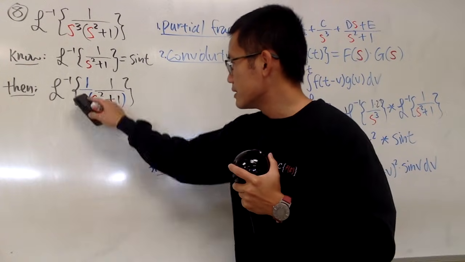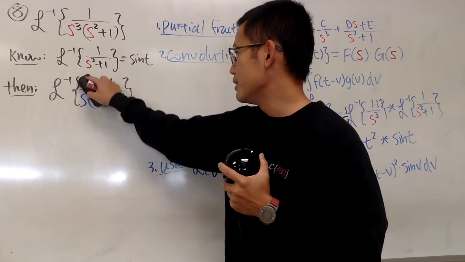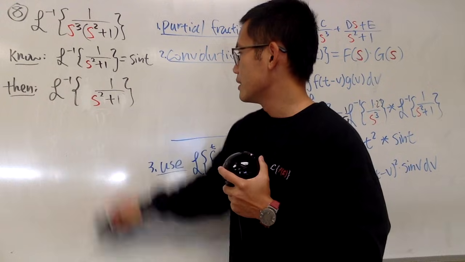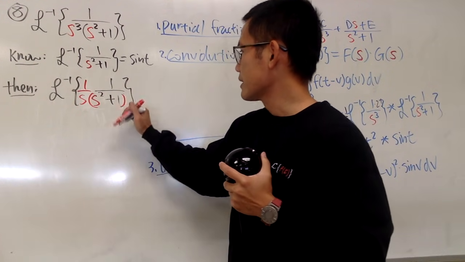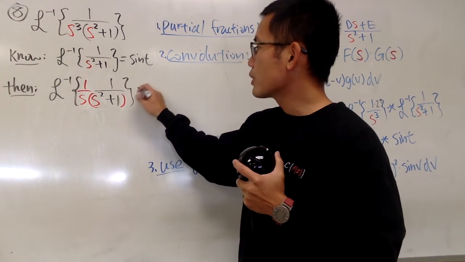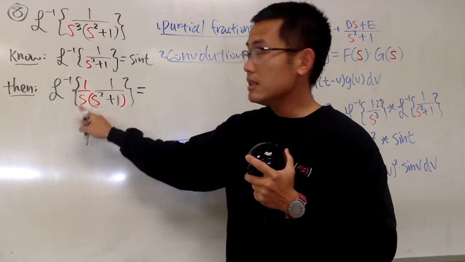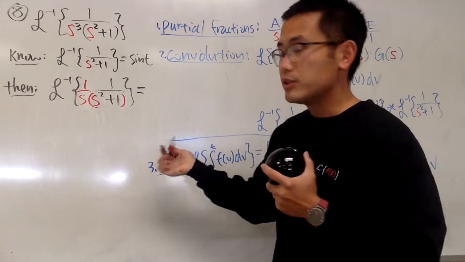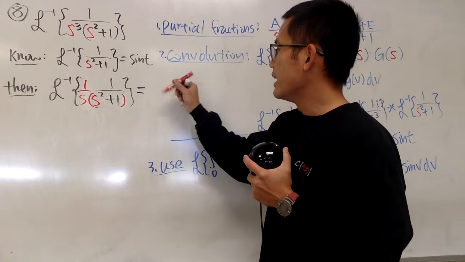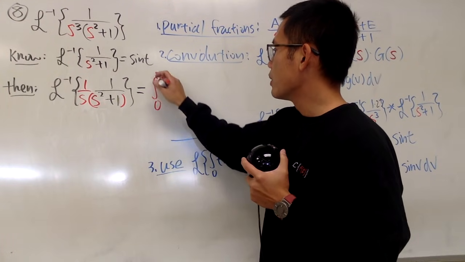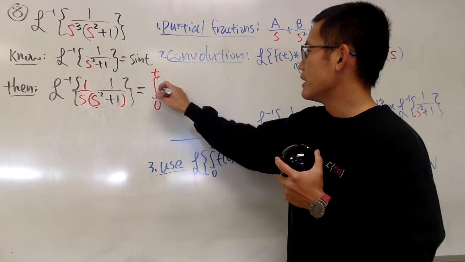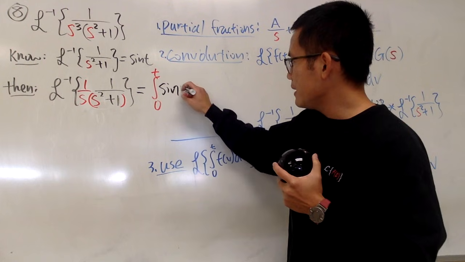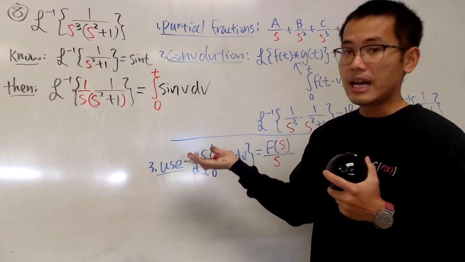Let me write it down in red. If you really want to divide it by s as well, what you are going to do is look at what this is, and then integrate from 0 to t and change the input to be v. So we have sine v dv, like that.